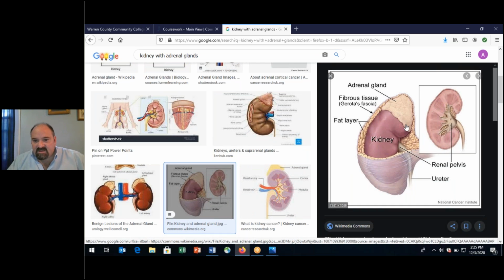Because now, this is from the National Cancer Institute. Here we're seeing that the adrenal glands are like a cap to the superior aspect of the kidney as it's resting. This is supposed to be a right kidney, okay? And there's a fat layer that helps to support and protect the kidney, okay? If someone loses a lot of weight, what can happen is that they can also lose the fat layer that is really helping to cushion and protect the kidney and keep it in place.